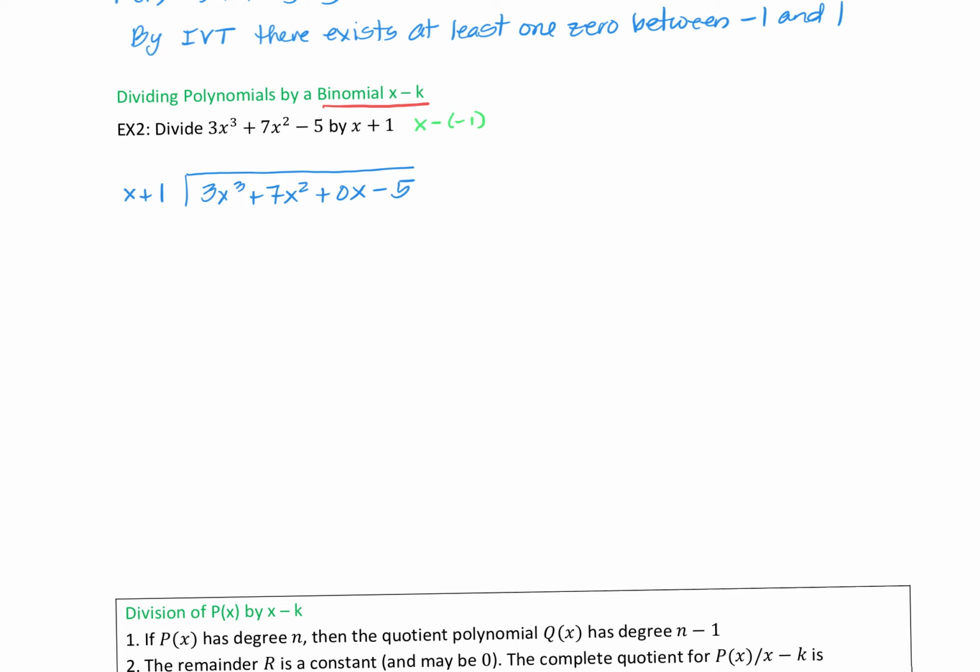So the leading term in the divisor, x plus 1, is x. And the leading term for the polynomial that's underneath the division bar is 3x to the third. So just look at those, ignore everything else, and say, what do I need to multiply the x by to get 3x to the third?